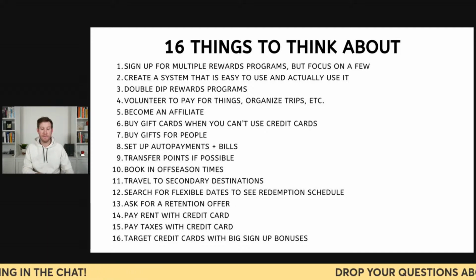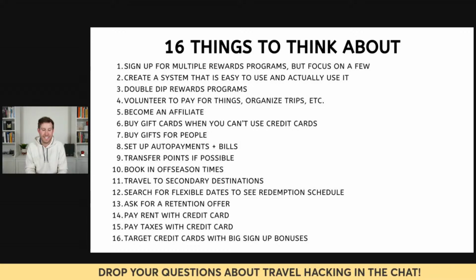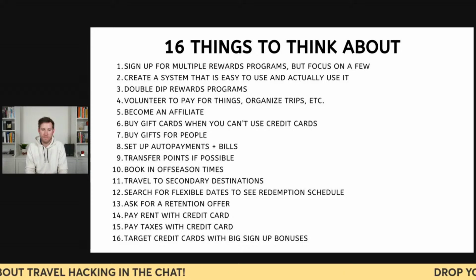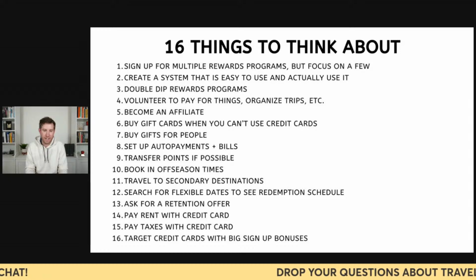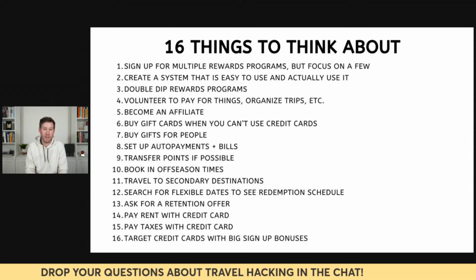Set up auto payments and bills. Transfer points if possible. Book in off-season times, whether that's in the season or the day throughout the week. Travel to secondary destinations, search for flexible dates to see the redemption schedule, ask for a retention offer, pay rent with a credit card, pay taxes with a credit card, and target credit cards with big sign-up bonuses.